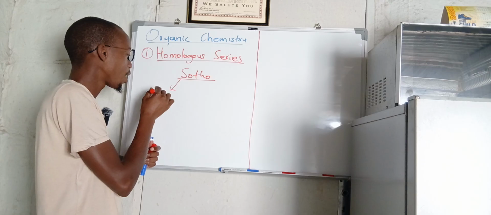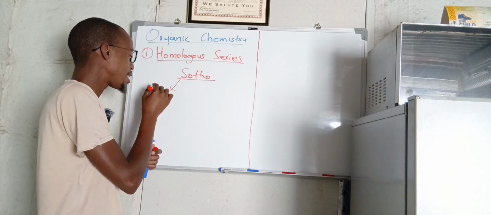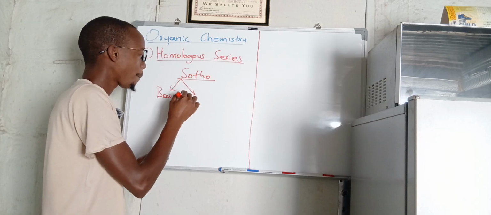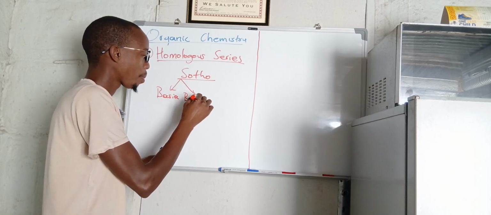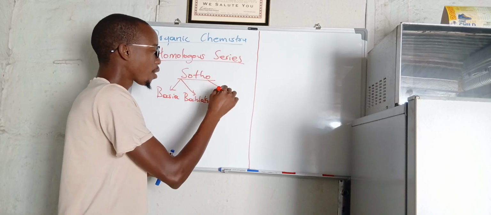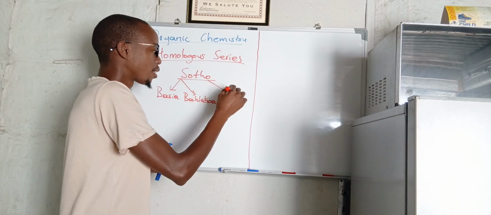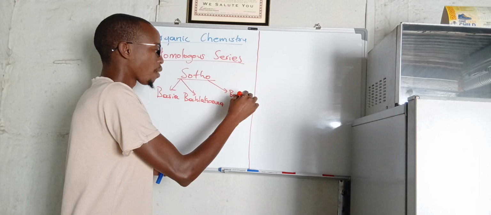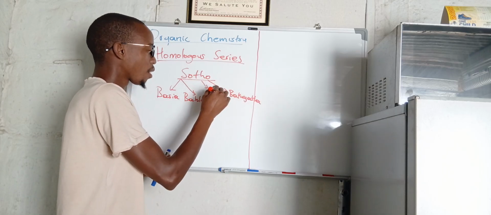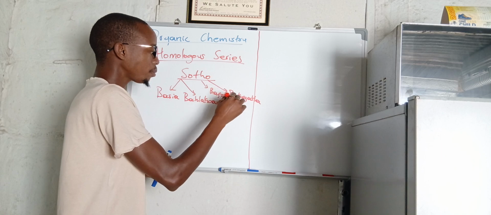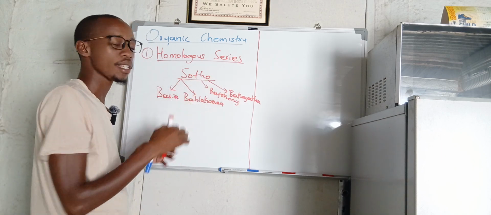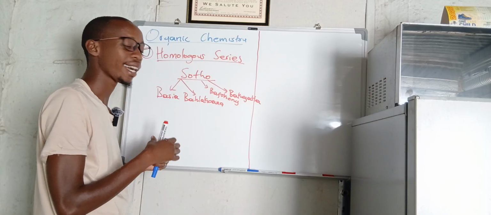So we will have Basia, we will have Bahlakwana, we will have Bakhatla, we will have Bafokeng, and many other branches under the Sotho culture or tribe.